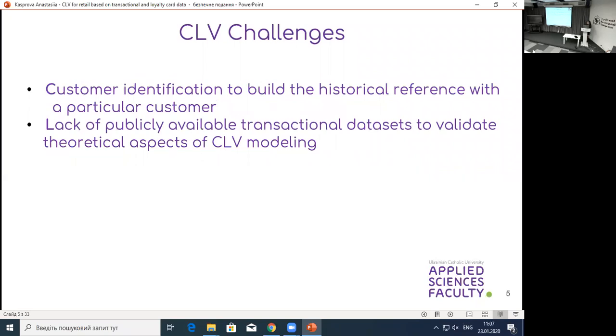In retail, CLV have two challenges. The first one is customer identification. We have to build a historical reference with a particular customer. And the second one is a lack of publicly available transactional data sets to validate theoretical aspects. The matter is that there are a bunch of articles which represent the theory of CLV modeling.